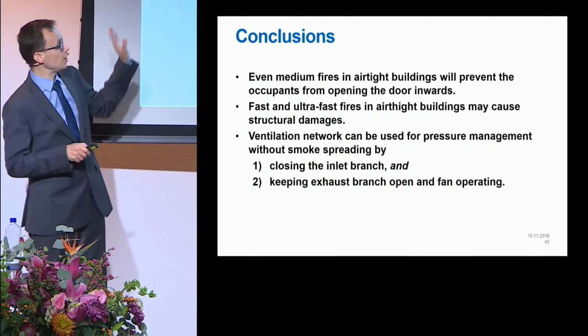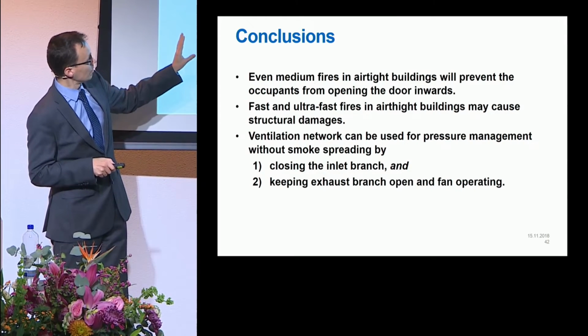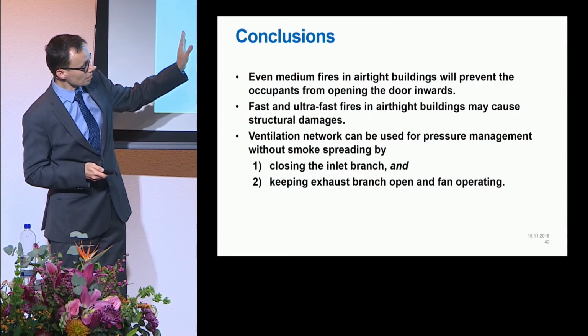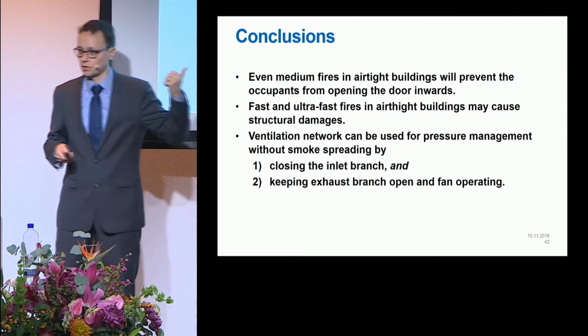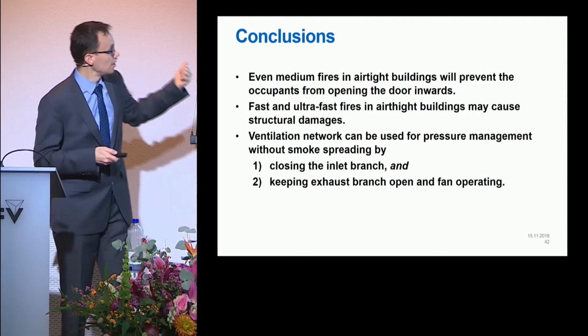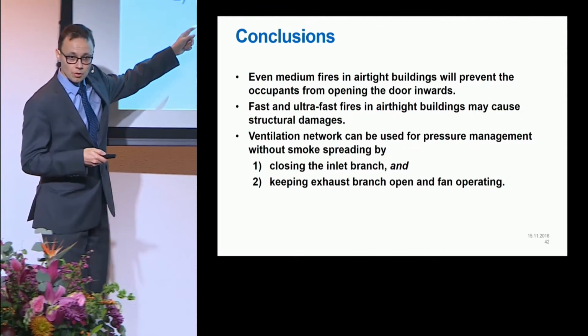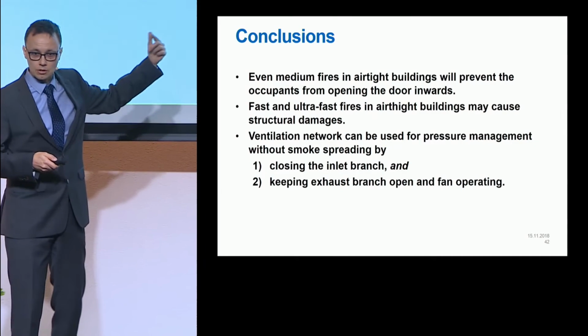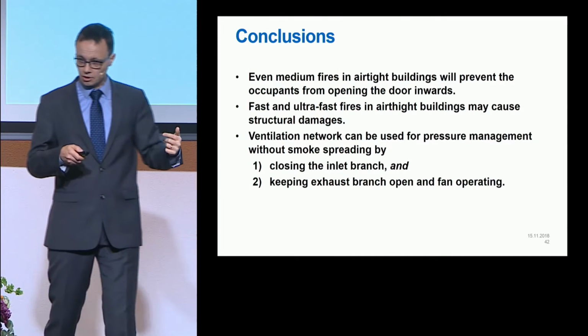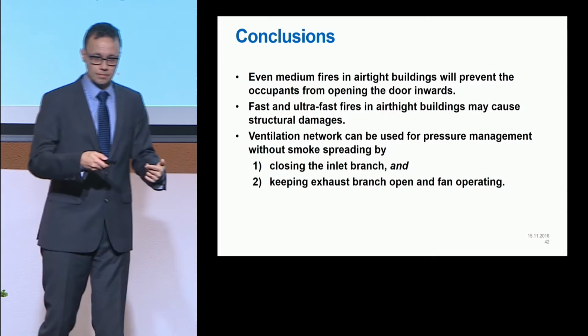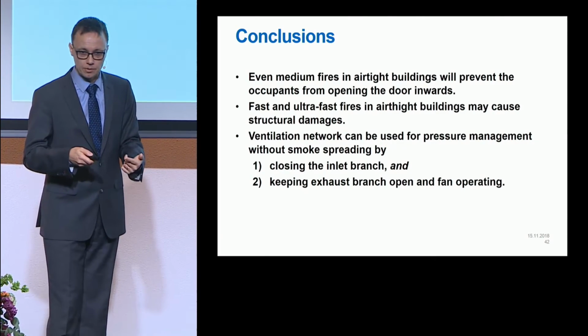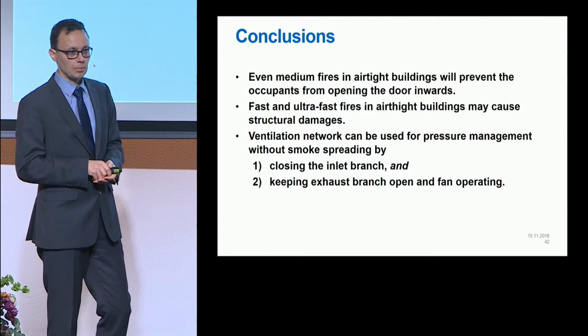It seems that we can use ventilation network for the pressure management and to avoid smoke spread at the same time if we use the combination that I mentioned. We close the inlet branch using a damper, which can be a pretty simple damper, it doesn't need to be really heavy duty.